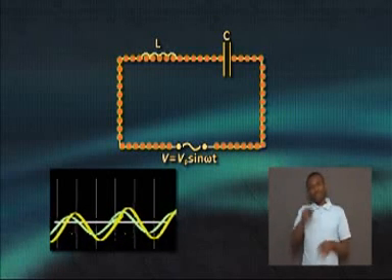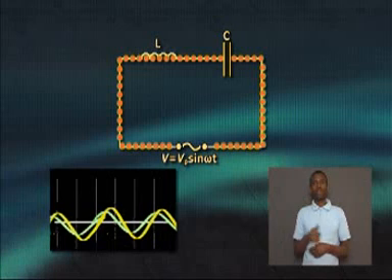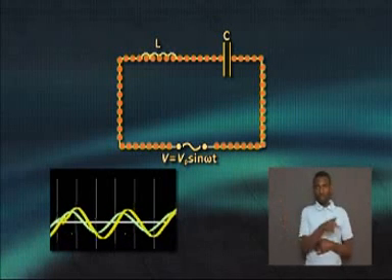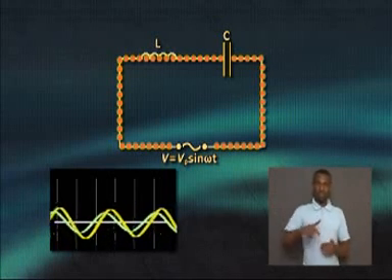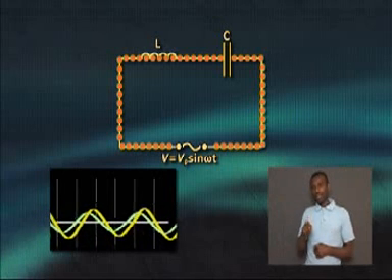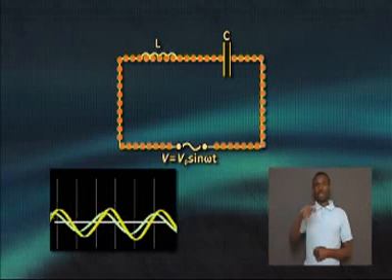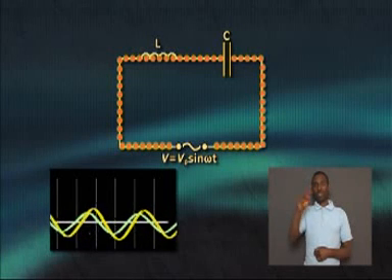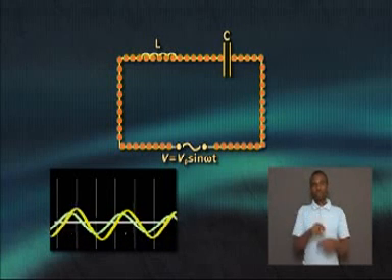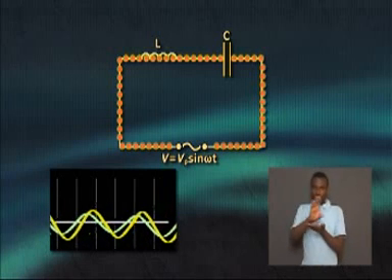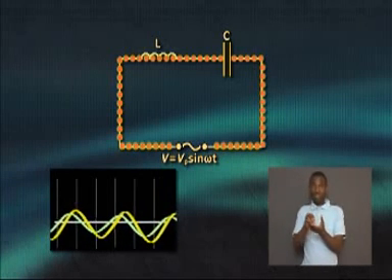The motion of current is similar to a pendulum swinging back and forth. This is called harmonic oscillation. If we isolate the circuit's resonant frequency, the circuit will conduct extremely well.